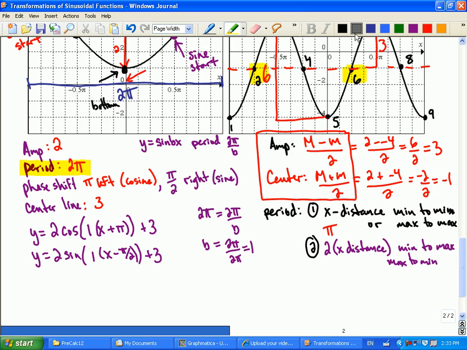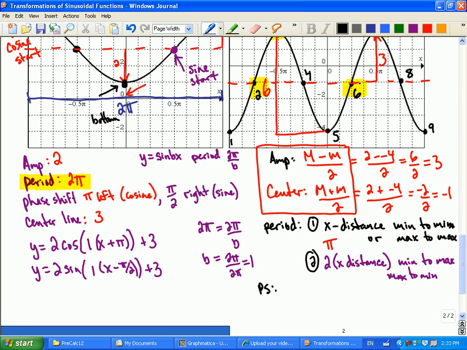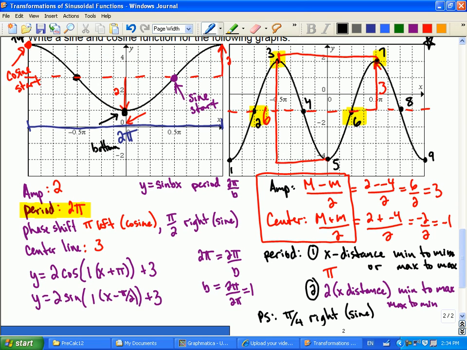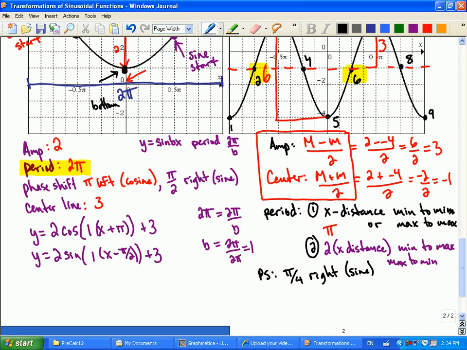So I'll just update, I'll call that the phase shift. I'll pick this one here, which is pi over 4 to the right for sine. And I will pick the other one up here, which is, let's see here, number 7. That represents pi over 2, if I'm going to do the cosine.